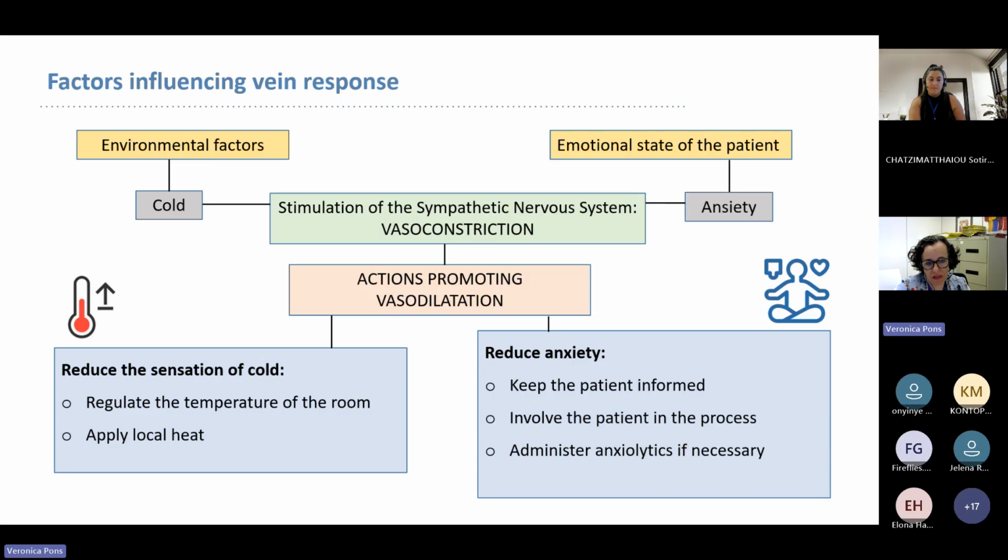I think it's a very important and very simple thing that we can do in our apheresis unit. It's also important to reduce anxiety by creating a friendly environment and by informing patients. And of course, in some cases, the administration of an anxiolytic may also be necessary depending on the patient.